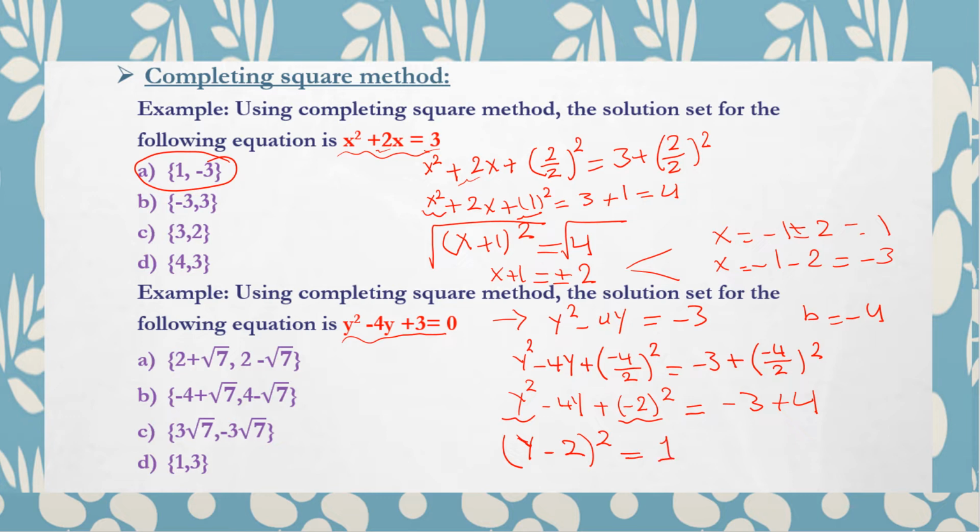By taking the square root of both sides, we get y minus 2 equals plus or minus 1.